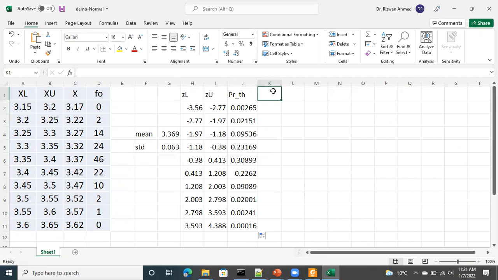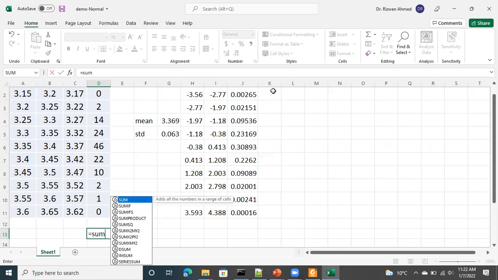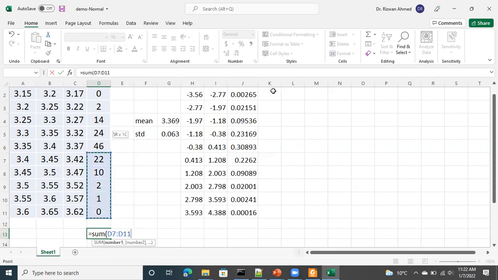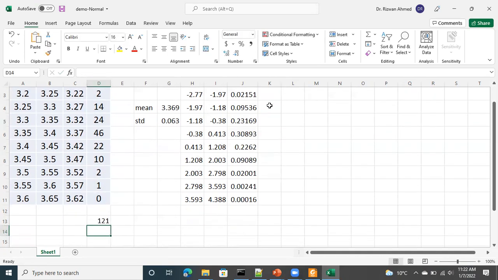Now for comparison, let's compute the theoretical frequencies, which we call expected frequency, meaning the frequency from a probability model. You multiply the probability with the total number of observations. The total number is the summation of all the frequency values, that is 121.